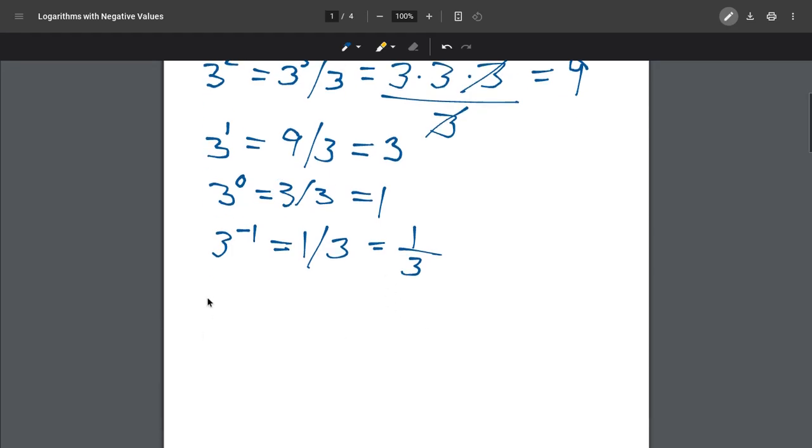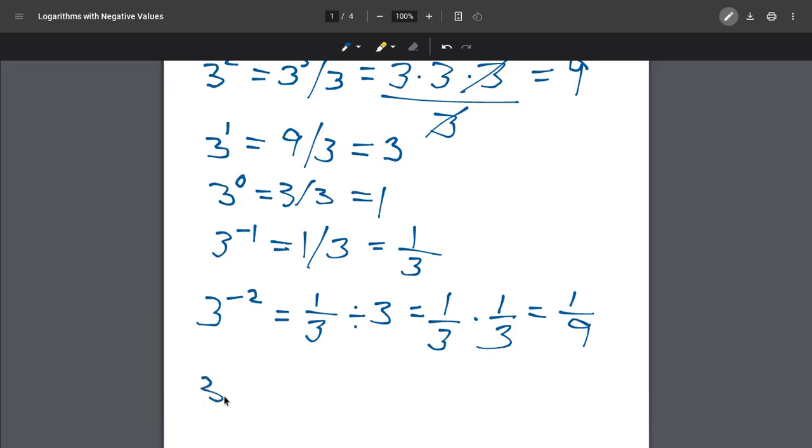Keep going. 3 to the negative 2 power is 3 to the negative 1 power divided by 3, which we can change to fraction multiplication by taking the reciprocal of 3 and multiplying it by 1/3. So we do 1/3 times 1/3, which is 1/9.